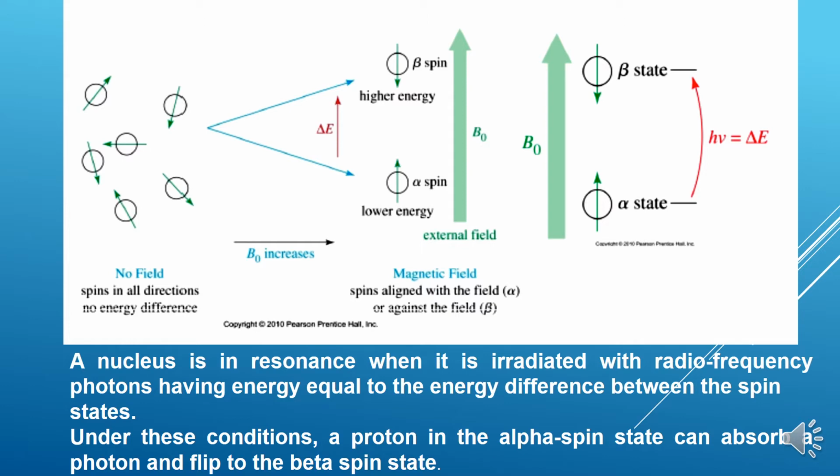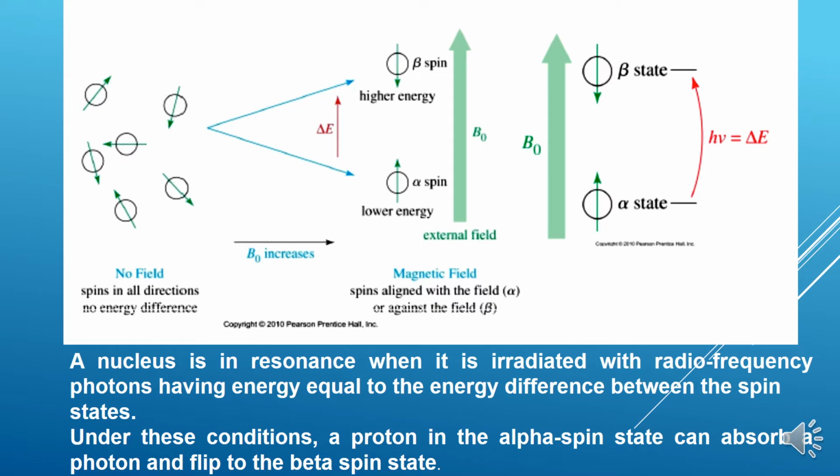Suppose we irradiate with radio frequency photons having energy equal to the energy difference delta E between the spin states, then only does resonance take place. I mean, the nucleus undergoes resonance.